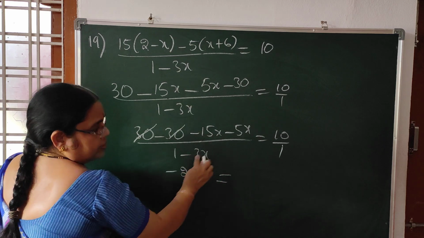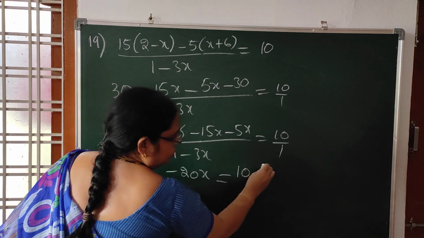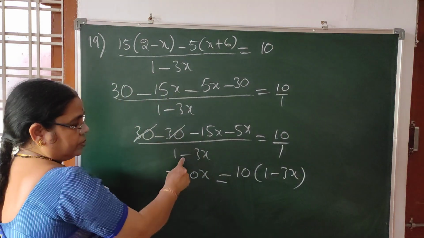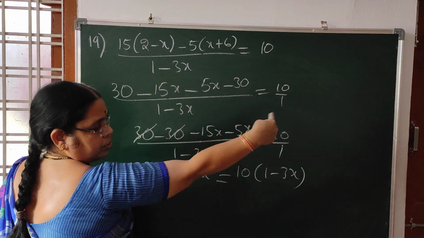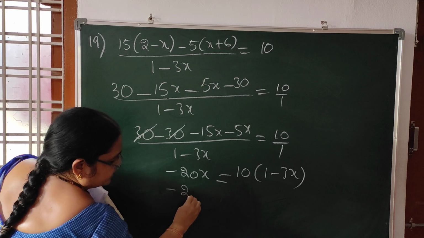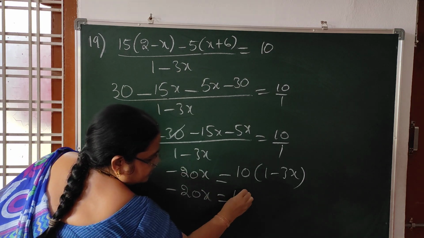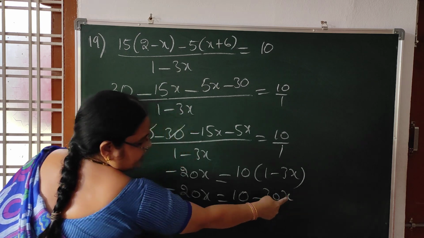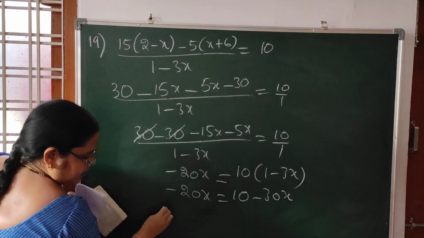Is equal to, this is going to that side as a multiplication, so 10 into 1 minus 3x. Minus 20x is equal to 10 ones are 10, 10 threes are 30. So minus 30x. Minus 30x will come to the LHS.